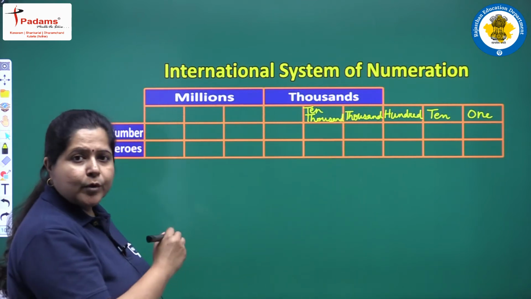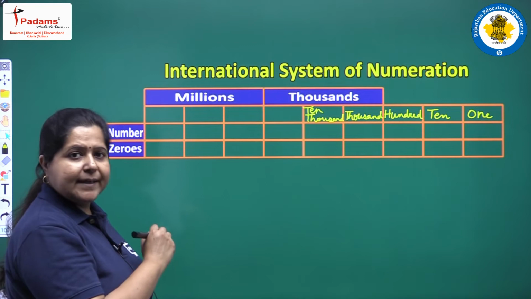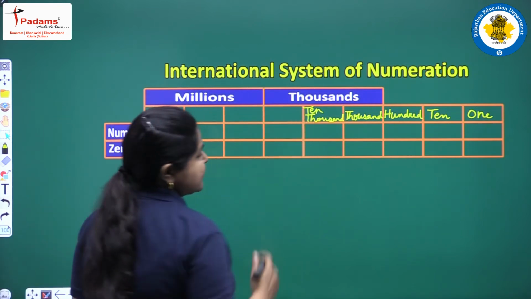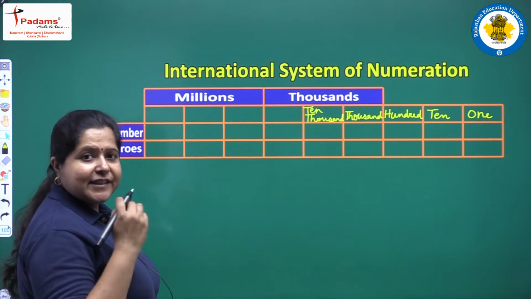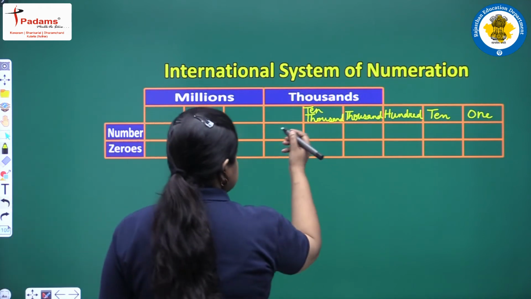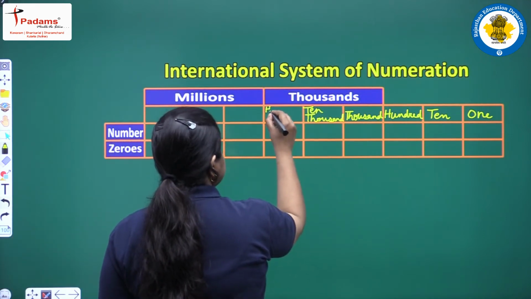Till here both the systems of numeration are the same, till this 10,000 place value. After this the difference begins. The next place value will be 100,000.